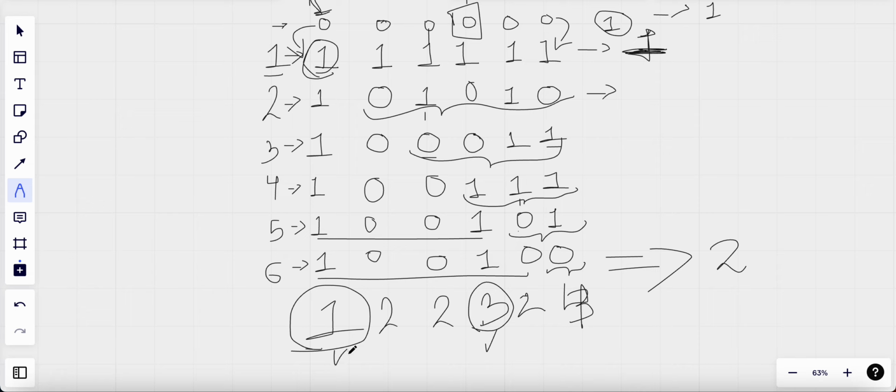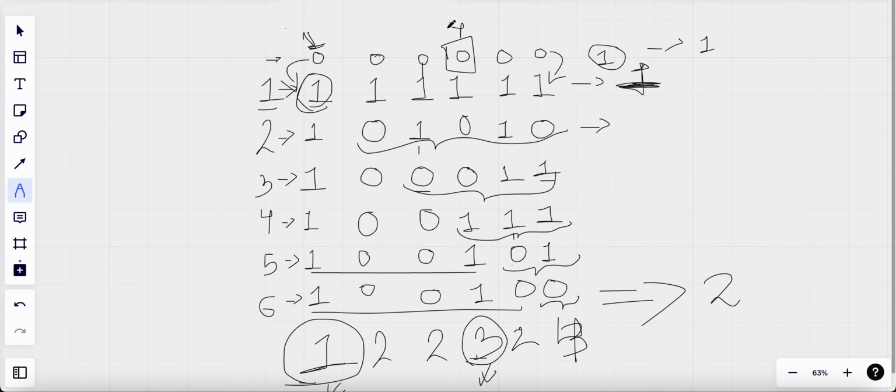So only those bulbs which were toggled an odd number of times will be turned on at the end of all the rounds, right? So which are those? 1 and 4. If we look at this carefully, if we have more bulbs, then you would see that only those bulbs which are perfect squares are turned on.